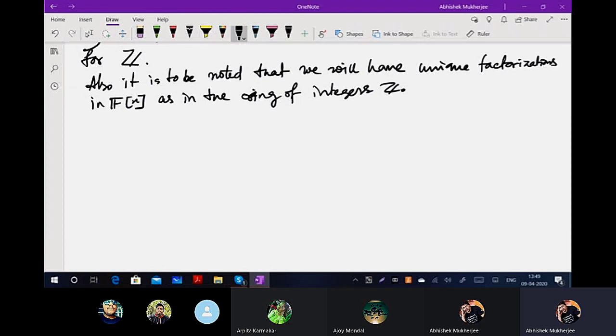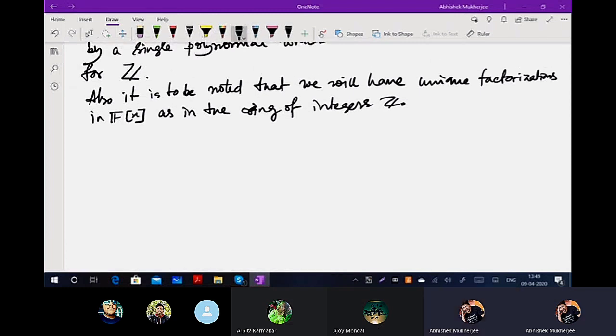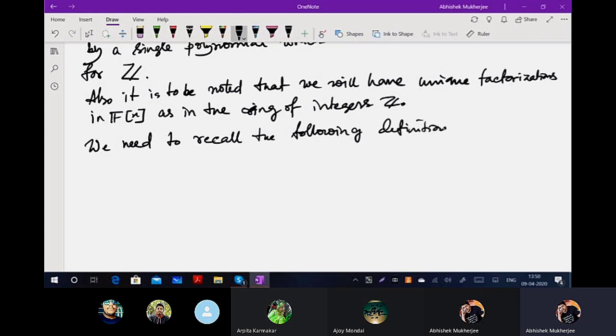So now we need to recall the following definitions in a commutative ring R with unity.